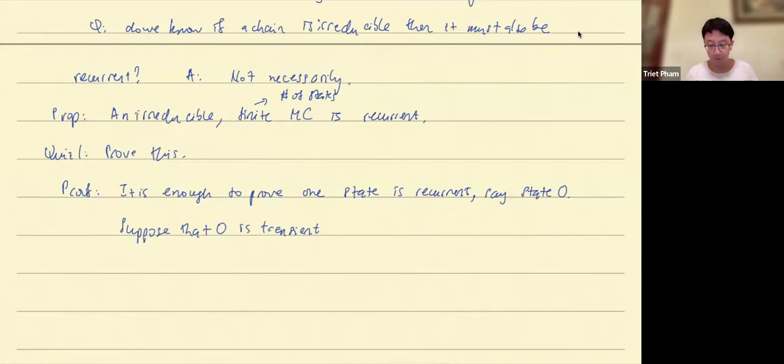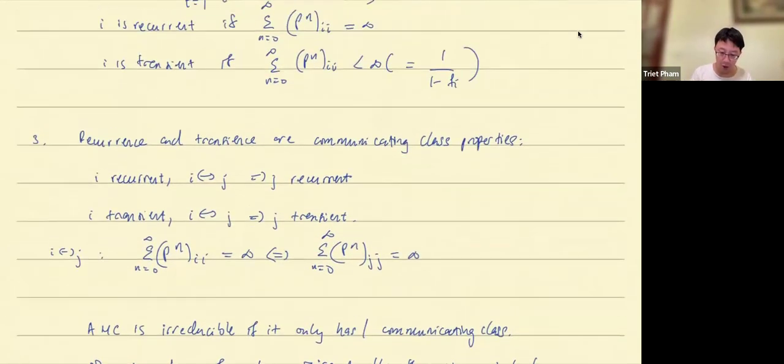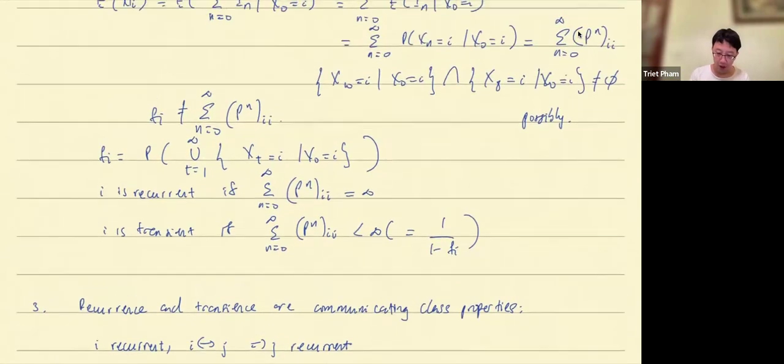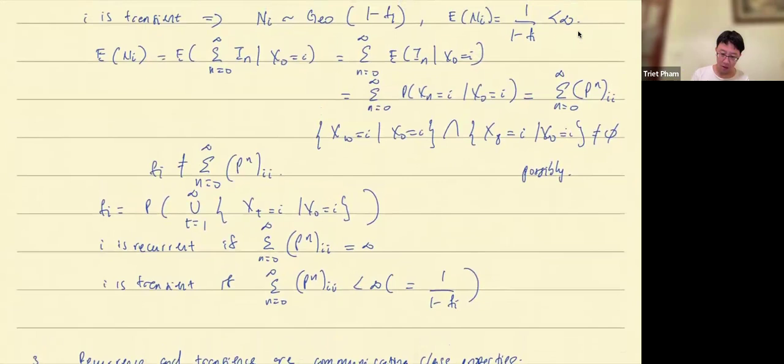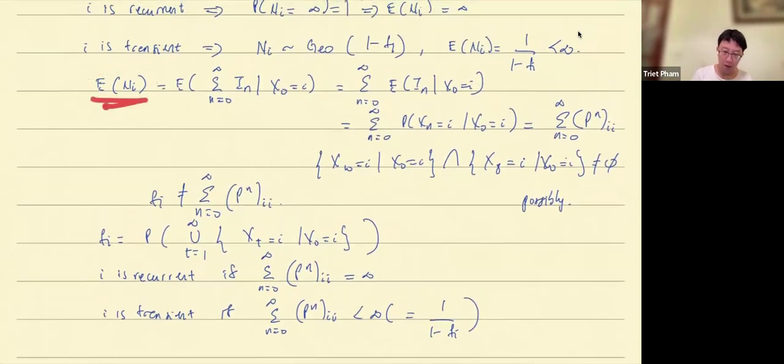That means that the number of visits must always be finite, because that's the point of a transient state: the expectation of the number of visits will be this sum, which is finite if it's transient.